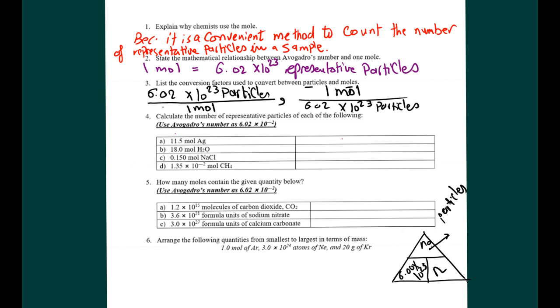So we can use this formula now to calculate the number of representative particles. 11.5 mole Ag. So it contains how many particles? So now you have the number of moles and are asking about the particles. Just cover the particle with your hand. Cover this part like this. So you recognize that in order to get this formula correct, you need to multiply Avogadro's number times the number of moles.